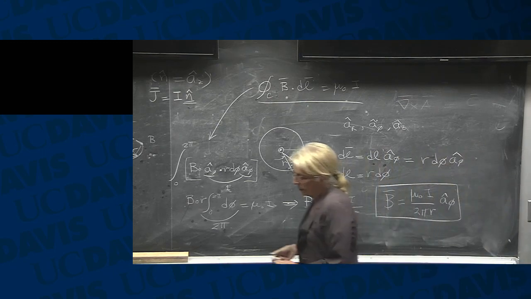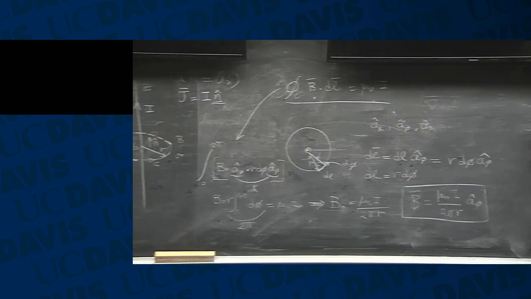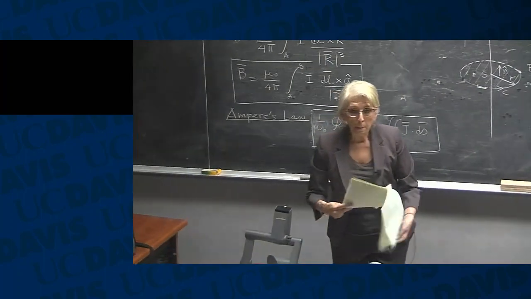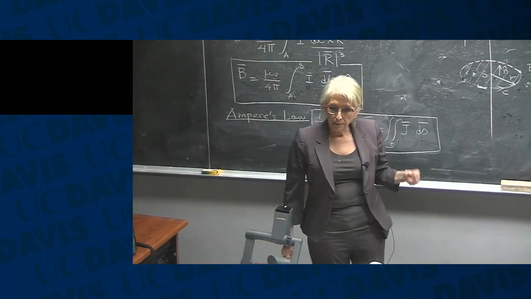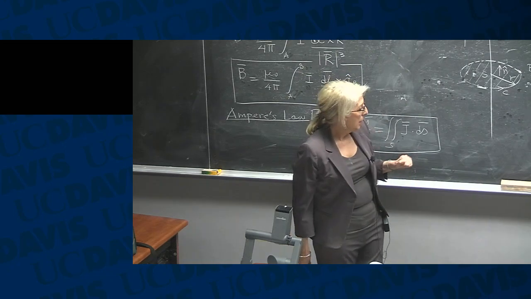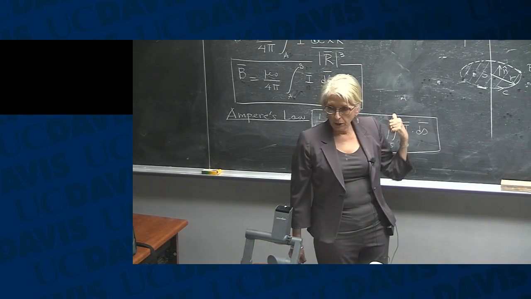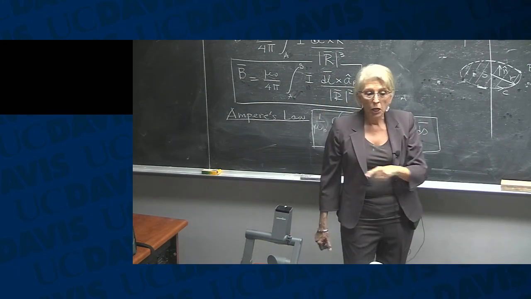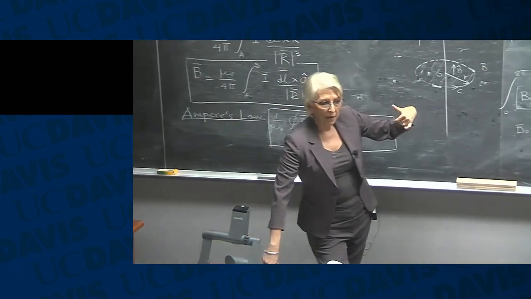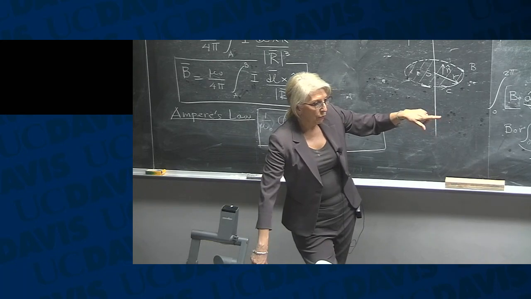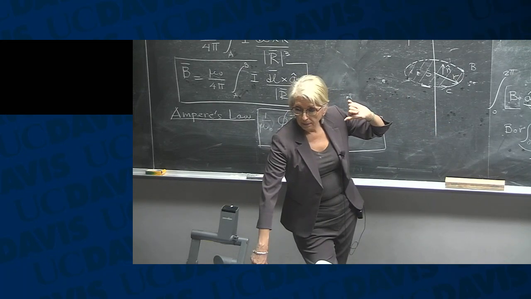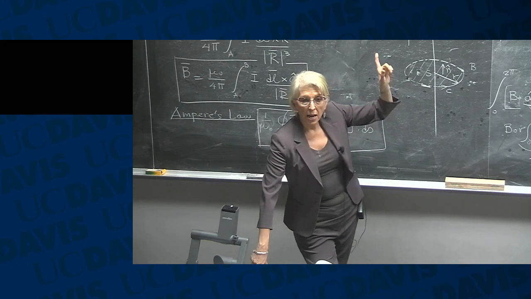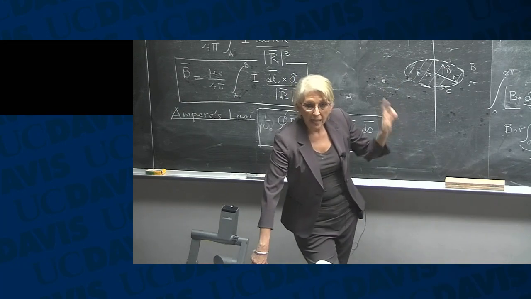So I found the magnetic field that is produced by an infinite wire. And that's very useful to keep in mind. So it changes as 1 over r. Do you remember an equivalent expression from electrostatics? The electric field that is generated by an infinite line charge.